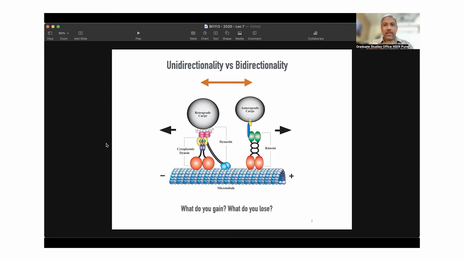Now, the question here is this kind of choice between having something that is more energy efficient or more amenable to regulation, versus something that is less flexible, less moderatable, less regulatable, but is less error prone, right?